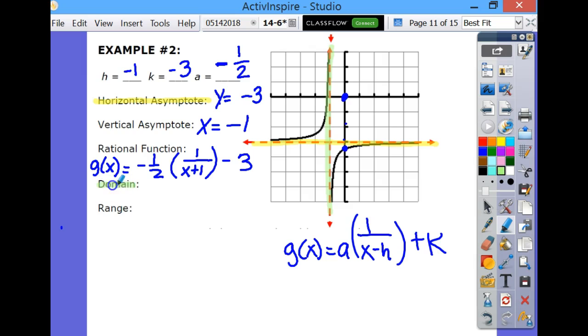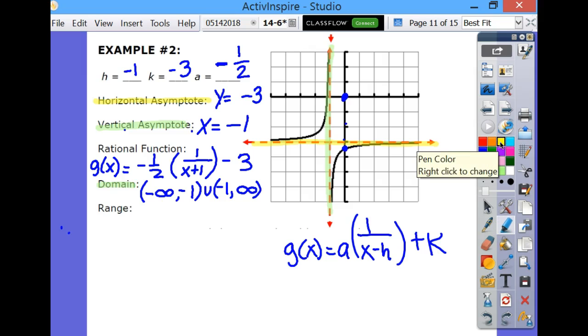The domain is in the x direction. This crosses the x-axis. The domain is everything except the vertical asymptote. Negative infinity to positive infinity, but there's a break at negative 1 where there's an asymptote. The range is associated with the horizontal asymptote.